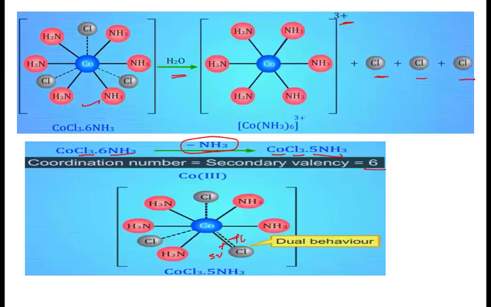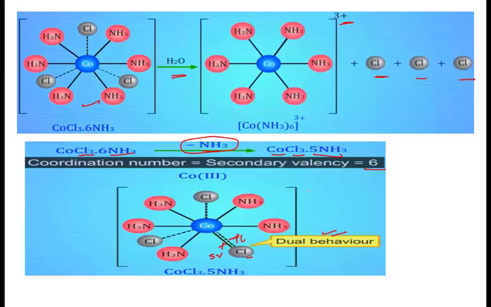So this chloride ion satisfies both the valencies, or the central atom makes the ligand behave in both manners. That is, this will carry that negative charge as well as it is forming part of the regular geometry. So dual behavior is shown by this chloride. Hence, what will be the ionizable part?